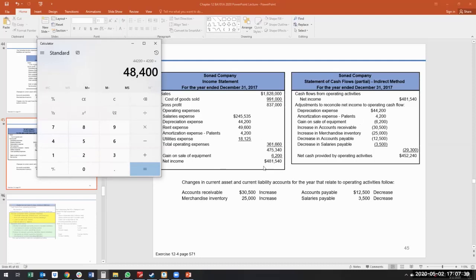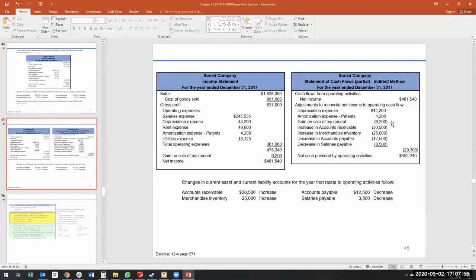On our income statement, we also have a gain from a sale of equipment. Gain we're going to reduce, because gain increases net income but doesn't necessarily have a cash impact. So we're going to reduce that gain on sale of equipment here, 6.2 thousand. So this would be our non-cash item reconciliation.